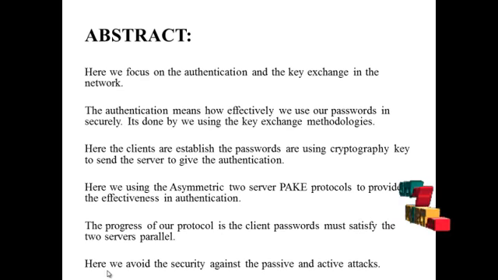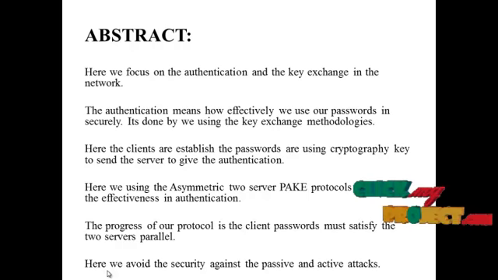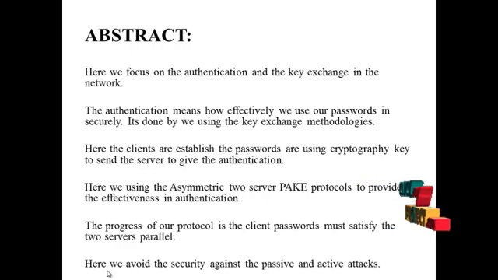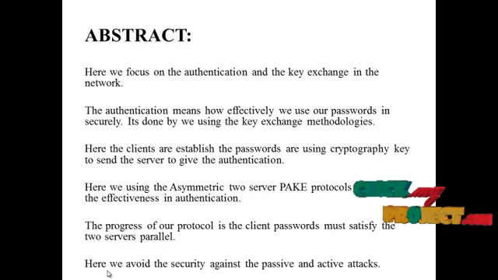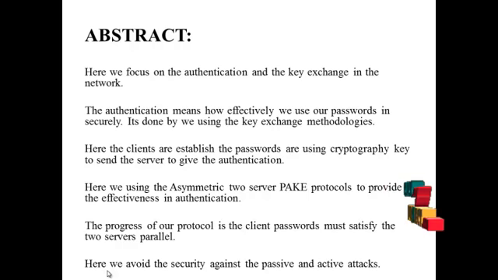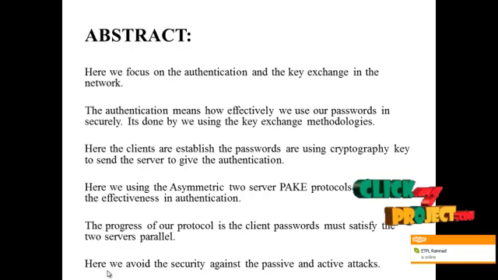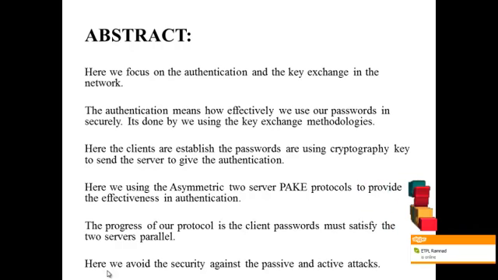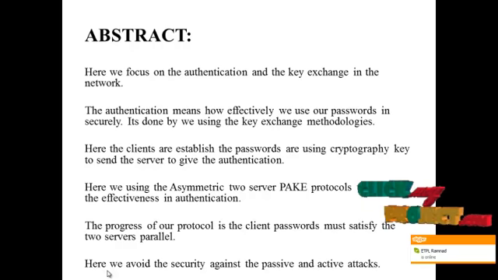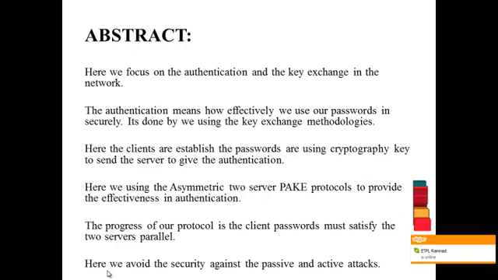Here we are going to see the abstract of this project. We focus on authentication and key exchange in the network. Authentication means how effectively we use our passwords securely. It's done using key exchange methodologies, where the clients establish the password or cryptographic key to send to the server for authentication.